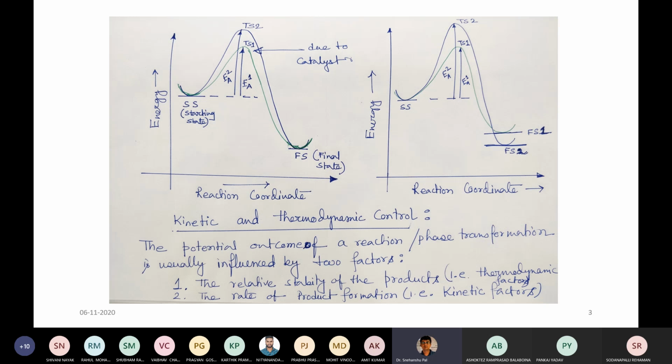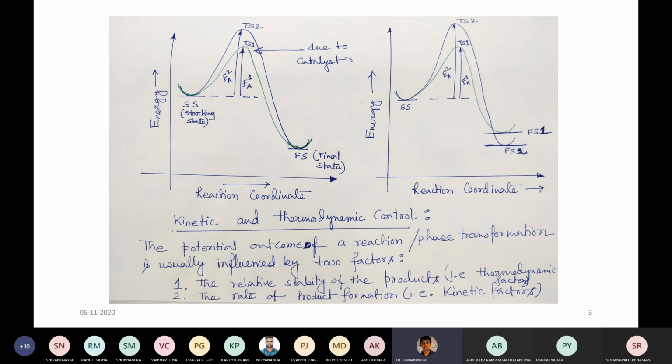The rate can be given in terms of the transition state, often called the activated complex. Sometimes we say activated complex, and the rate can be represented by the transition state by considering the activation energy.